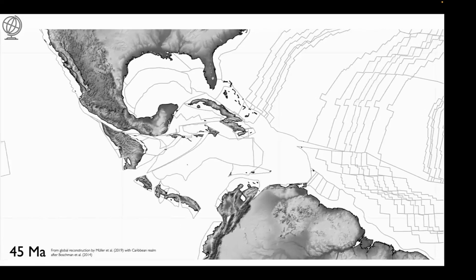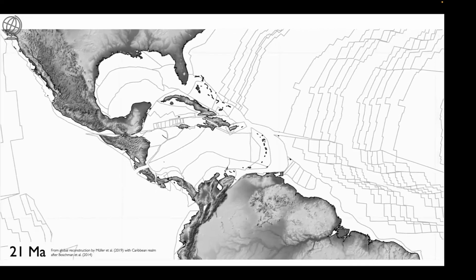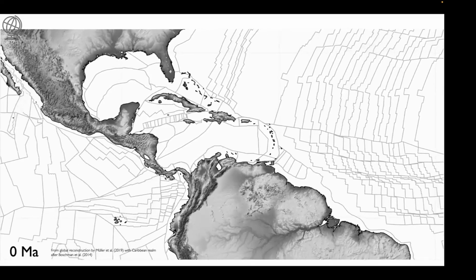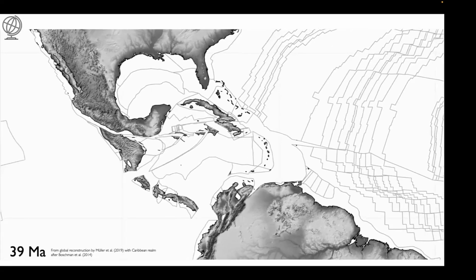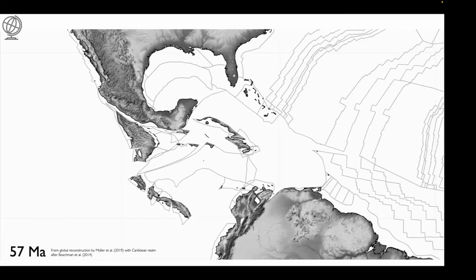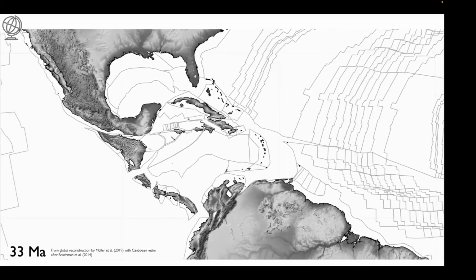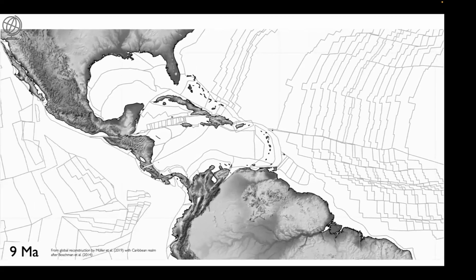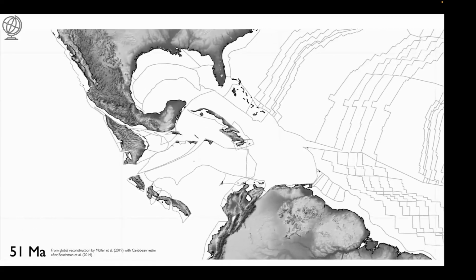So that's around the same time as that acceleration of motion. But we can look at that later. I have a compilation of the thermochron ages that Santiago put together, which you might be interested in.